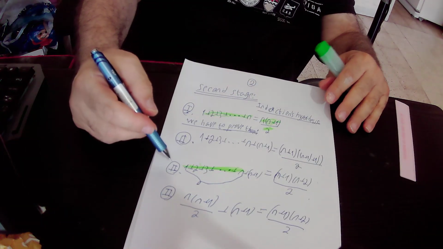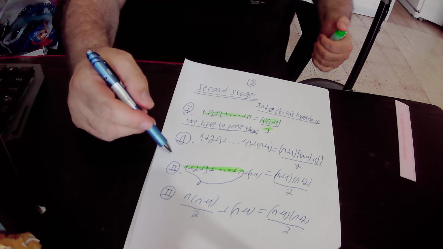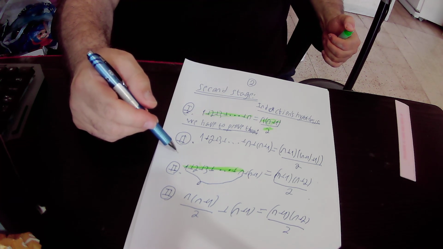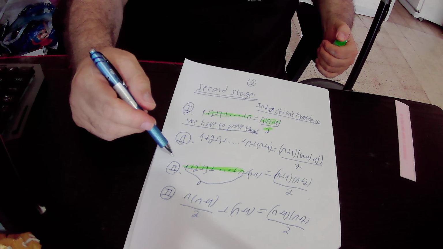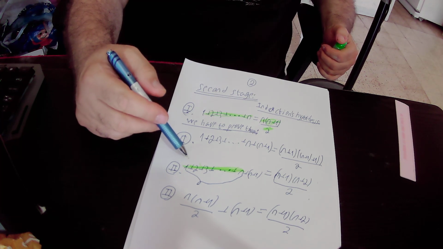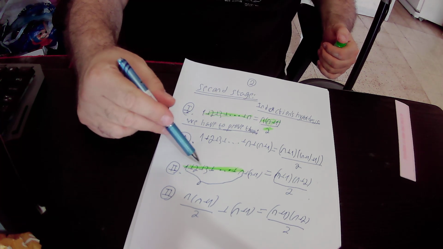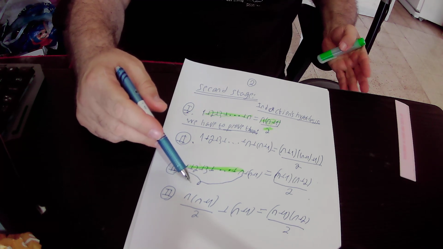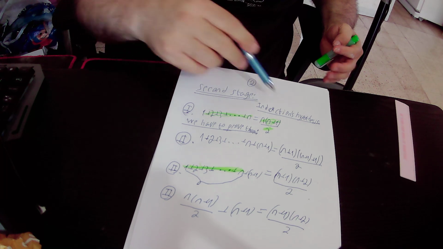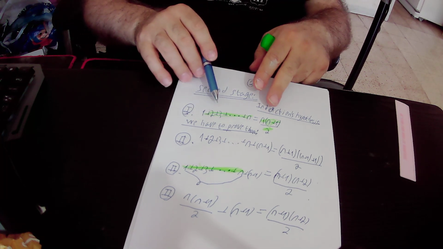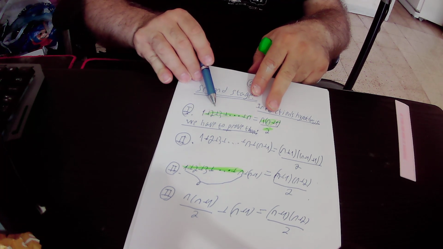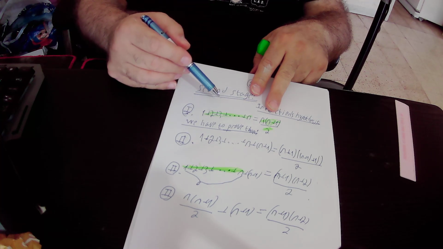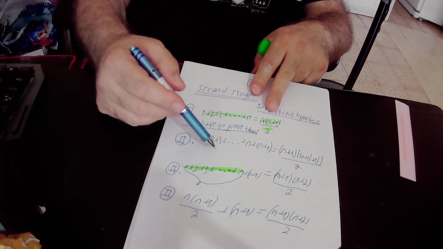So the only change that we did in the second equation that we must prove is true is we substitute this expression by n times n plus 1 divided by 2, because according to the induction hypothesis, these two expressions are equal to each other, and this expression is identical to this.